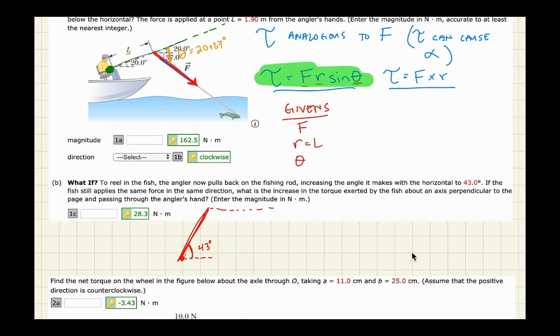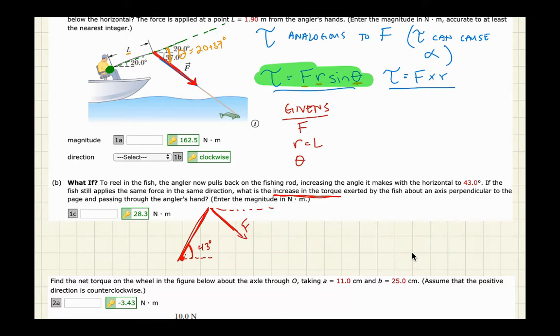And so what's the increase in torque? Note that it doesn't say what is the new torque, it says what is the increase in torque. So here, now we have an angle here. This angle is now closer to 90 degrees. This force is now closer to perpendicular.